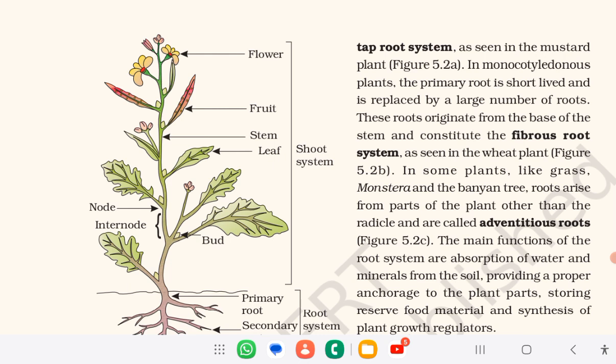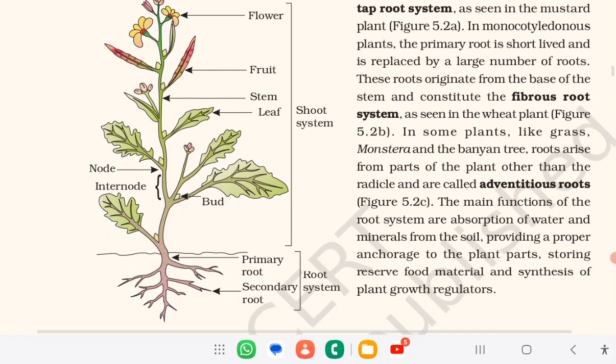In monocotyledonous plants, the primary root is short-lived and is replaced by a large number of roots. These roots originate from the base of the stem and constitute the fibrous root system, as seen in the wheat plant.